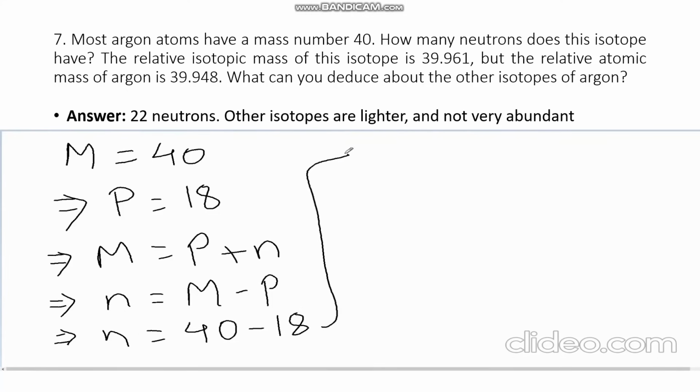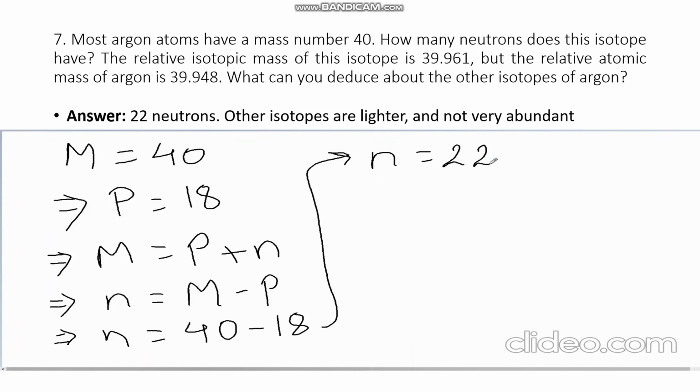So N is equal to 22. So the number of neutrons in an isotope of argon which has the mass number of 40 is 22. So that isotope contains 22 neutrons in it.